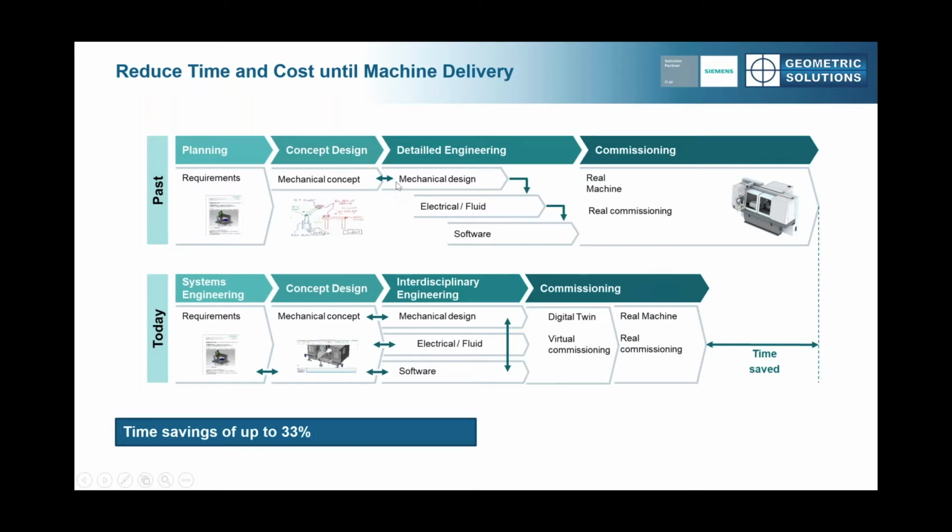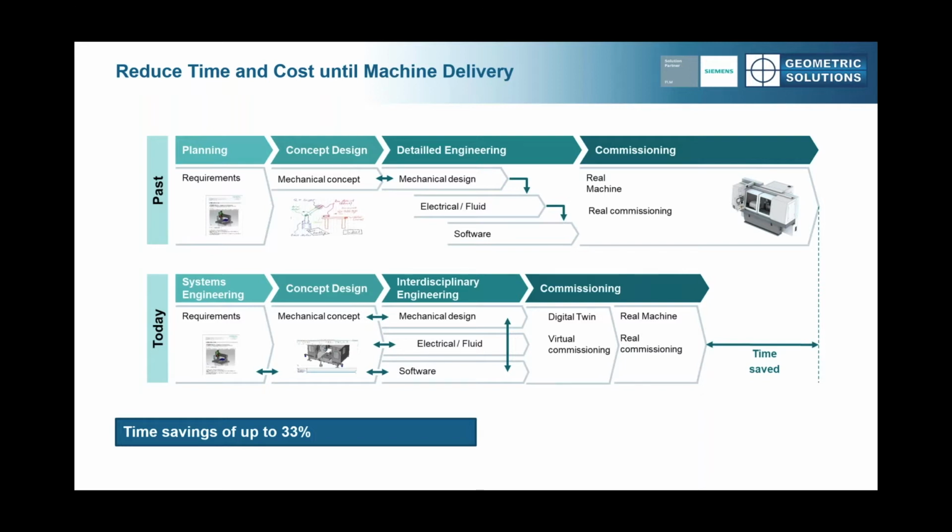Mechanical usually gets started first, and then electrical comes afterwards, and software, they come at the tail end. Lastly comes the commissioning. This is real commissioning. And typically this commissioning is going to happen somewhere else than your facility. It's going to happen maybe in some plant in one of the far-flung corners of the globe. This is a problem with the pandemic that we're currently facing.